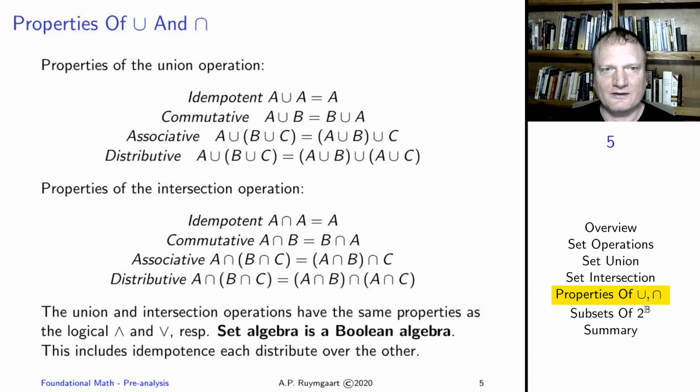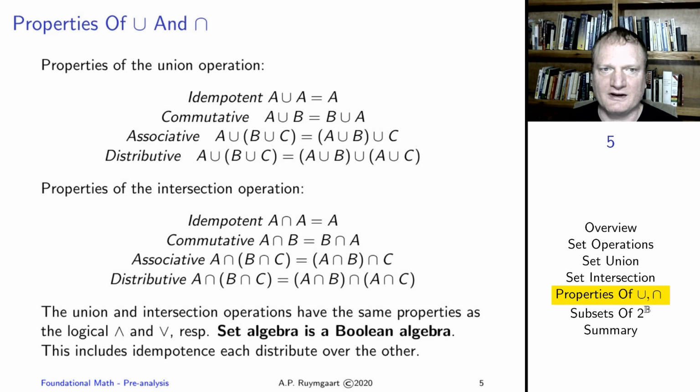Now let's look at the properties of the union and intersection operations. We'll see that these are the same as the logical OR and AND operations respectively. Specifically, let's look at idempotence. A union A is A. Remember, this was the set of elements that are in either the left or the right operand, and since those are the same, it results in the same set, and sets do not double count elements.